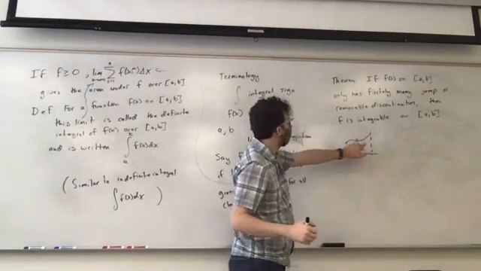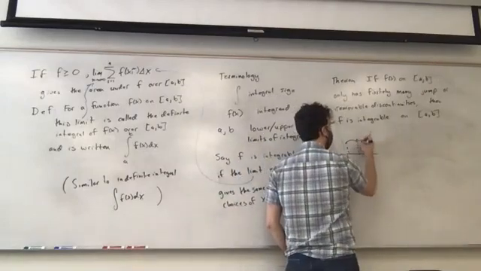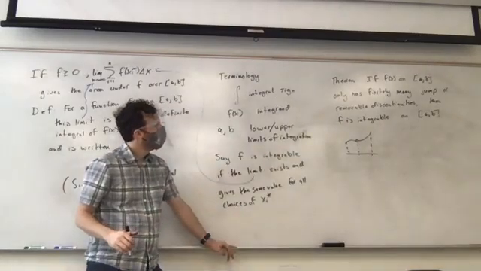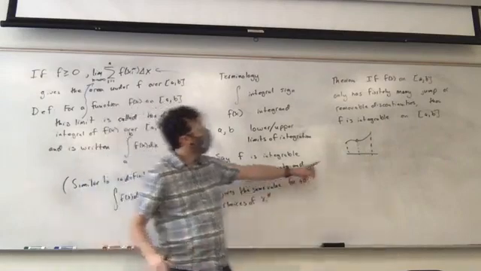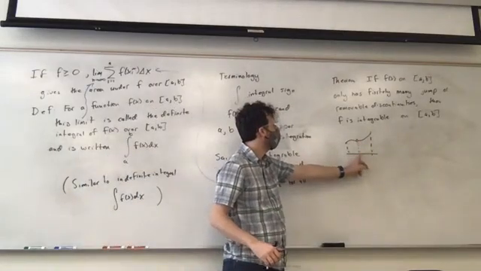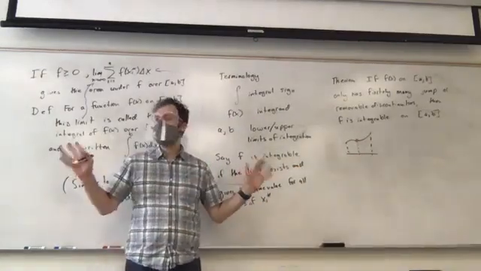if your function looks like this and you have a hole here, so your function isn't defined at whatever this point is, that line here where your function isn't defined, that doesn't have any area, so it doesn't mess anything up.